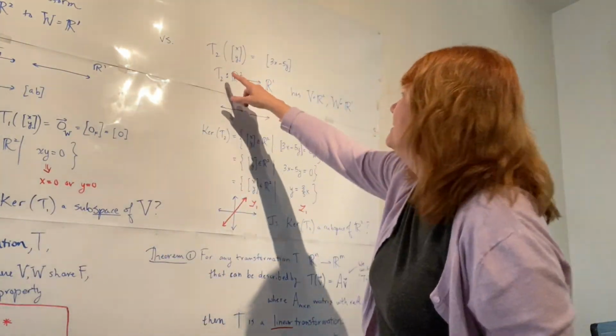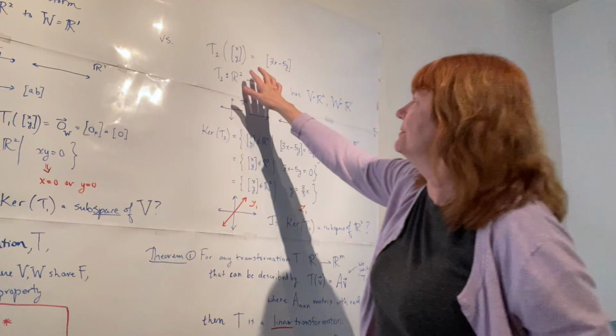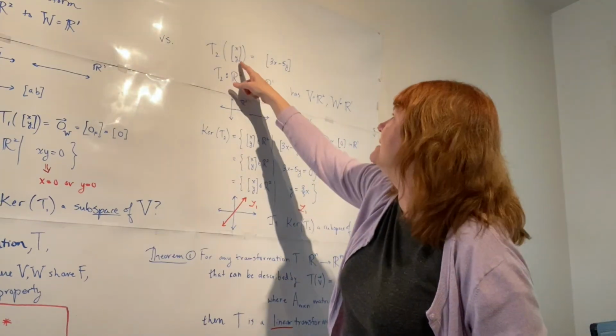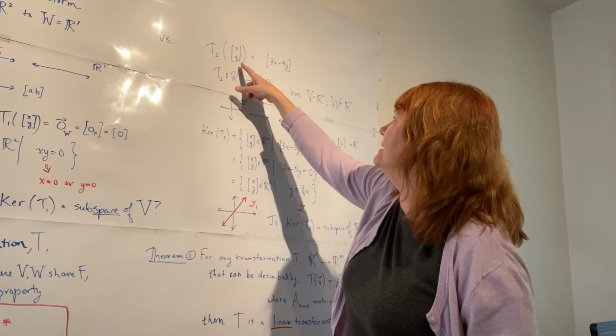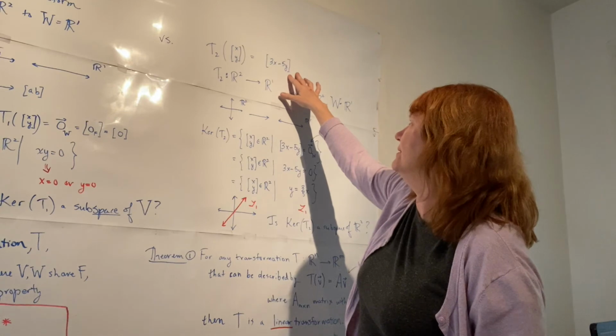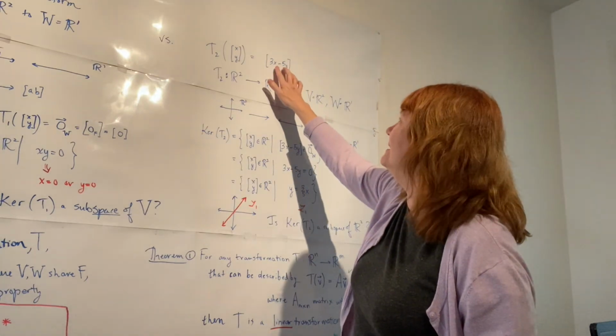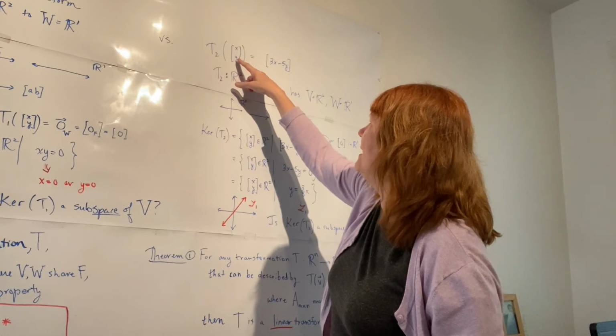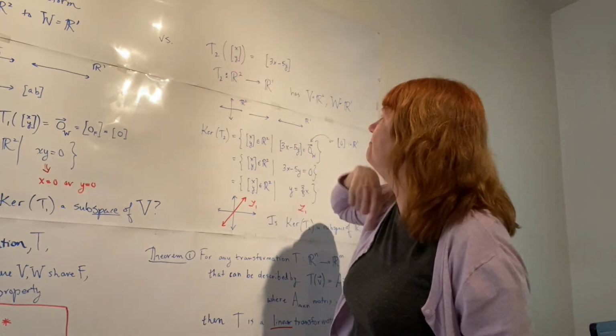Right, okay. Here's another transformation, T2. It also goes from R2 to R1. It takes a vector xy in R2 and makes a 1-by-1 matrix out of it, also known as a vector in R1, by multiplying x by 3 and y by 5 and taking their difference.